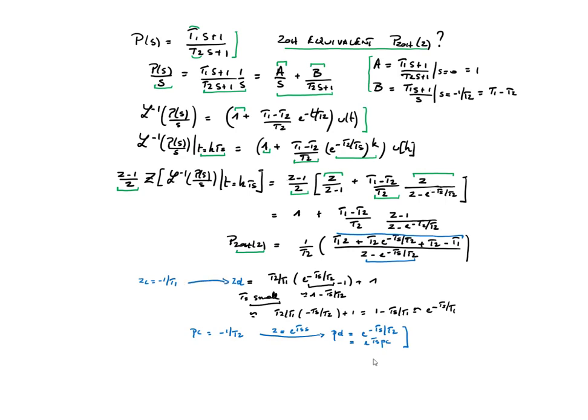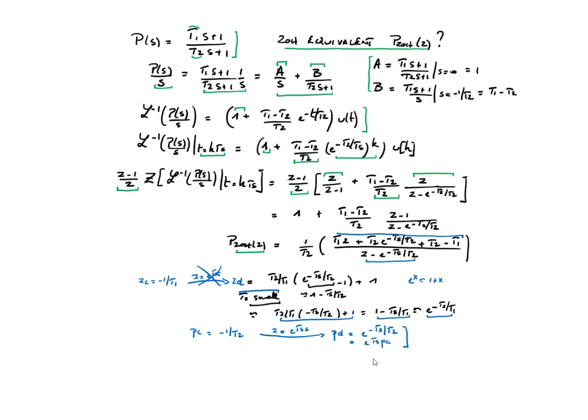So here we do not have the relation between the continuous time zero and the discrete time zero, but you can observe that if TS is small, and remembering that the exponential of x is approximately 1 plus x, you inject 1 minus TS over T2 to replace this exponential. You end up with this expression over here. So this is equal to that, and this is approximately the exponential of minus TS over T1.